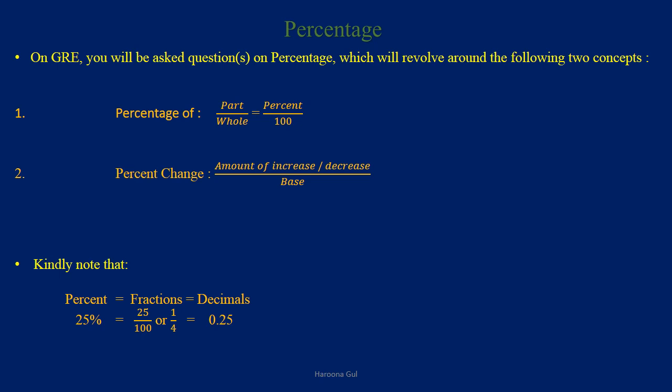But when you write the same number in fractions, you're going to write the same number and divide it by 100, right? And when you want to write the same value in decimals, then you're going to move the decimal 2 places to the left, as explained here.